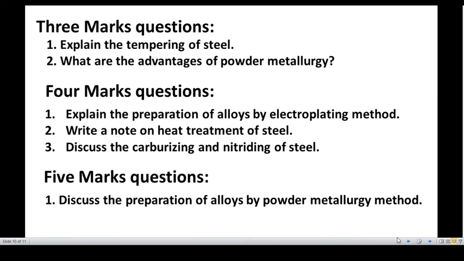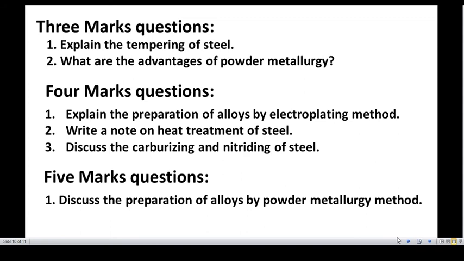Powder metallurgy deals with the production of metal powders and mixing them with other metal powders, and the mixture is subjected to very high pressure to get a solid mass. This you have to write.